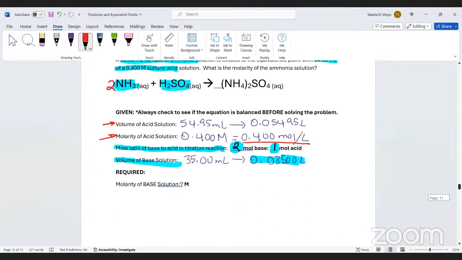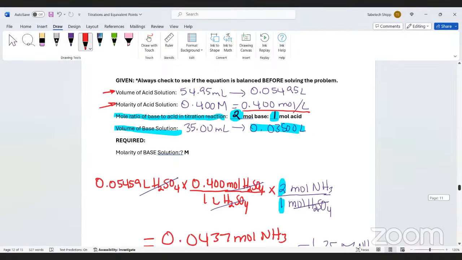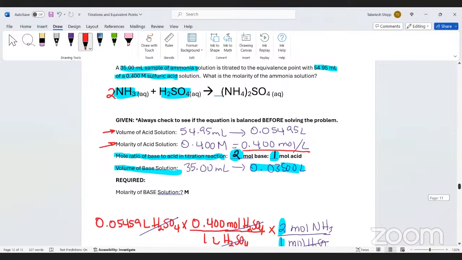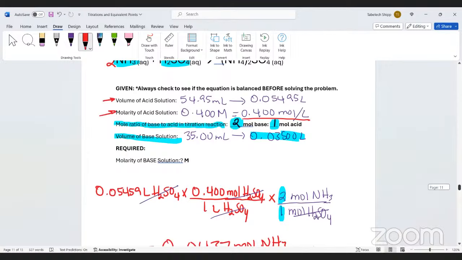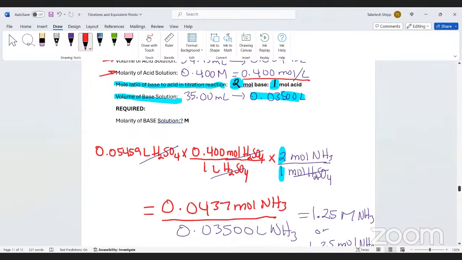Now, let me say something also about these problems. You see how I was saying you have to make sure that your equations are balanced. If you did not use your coefficients, like in this problem that we did yesterday, and we just stopped at what I wrote in red, your answer would be half of this answer right here.